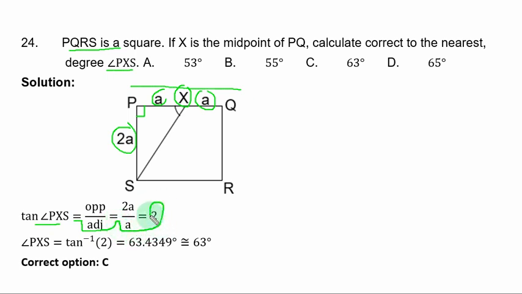To get angle PSS, you take the inverse tangent of 2, and you have, to the nearest degree, 63 degrees. C is the correct option.